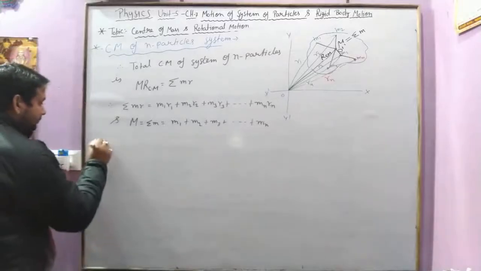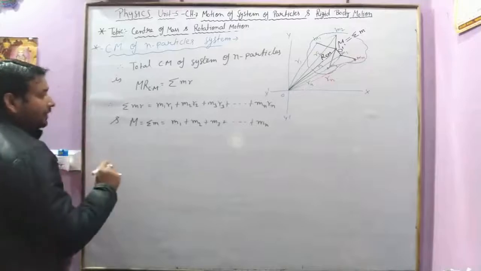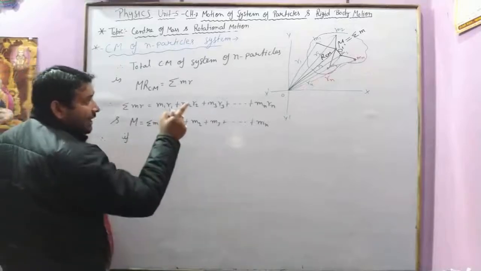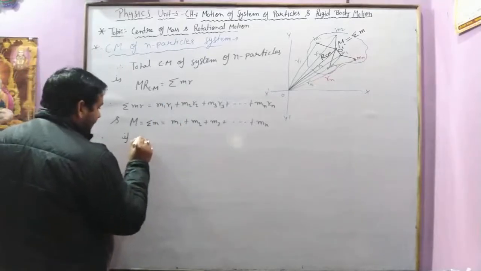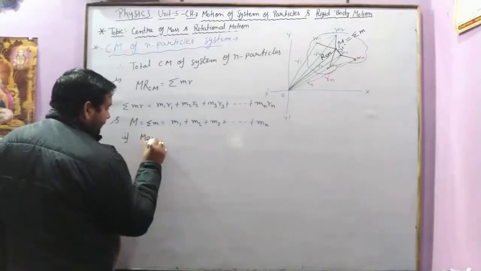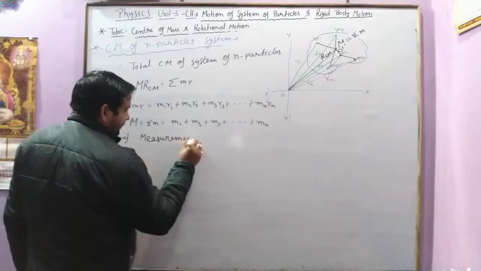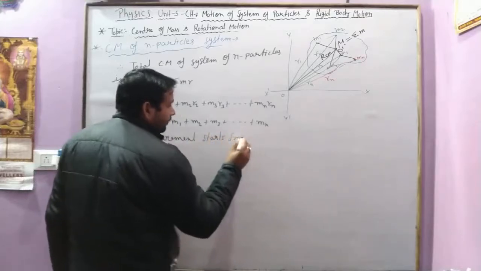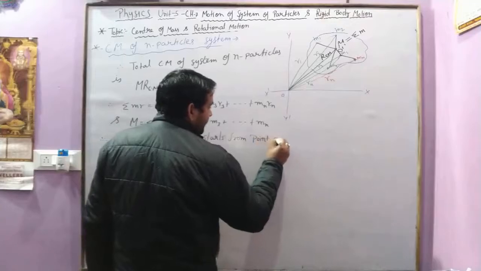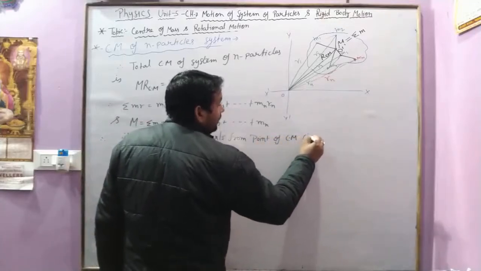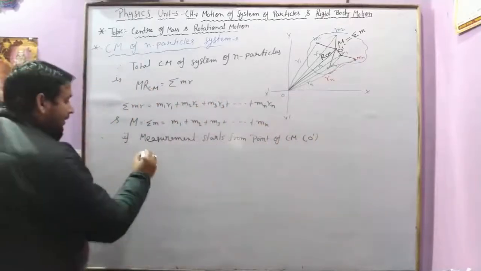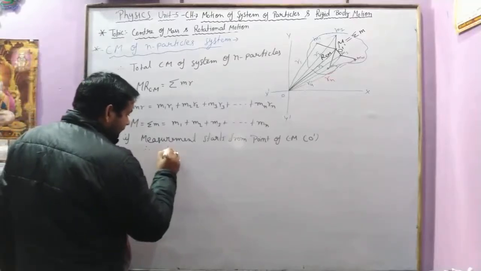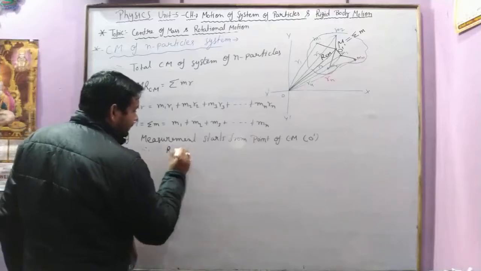Okay, now according to the definition, here one thing is very important: if measurement starts from the point of center of mass, or O dash, therefore the radius of center of mass is 0.